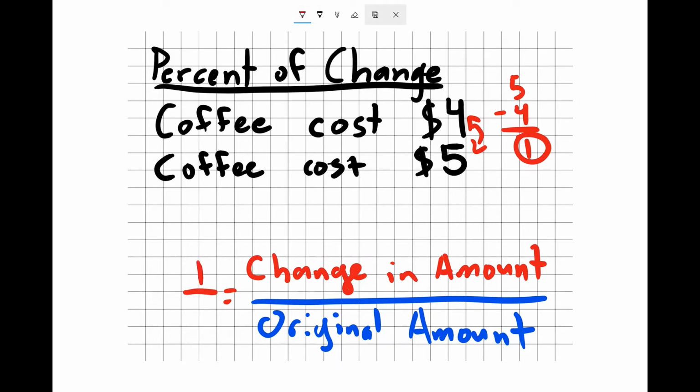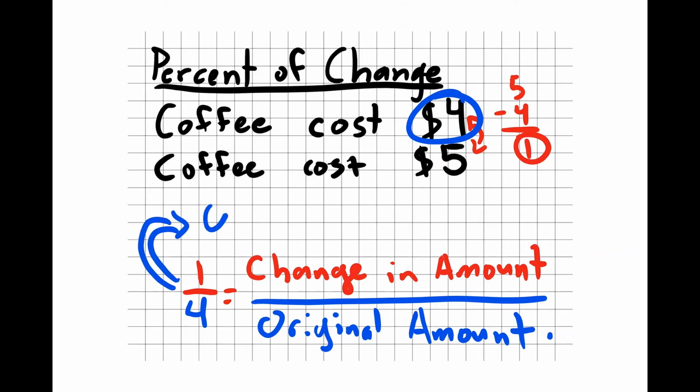And what you want to do next is find your original amount, which for purposes of your homework is going to be the first amount, the first number, the first quantity that you are given. In this example, it is number 4. Once you have set up your fraction, all you want to do is complete that division, which we will do up here. 1 divided by 4 will give you 0.25.